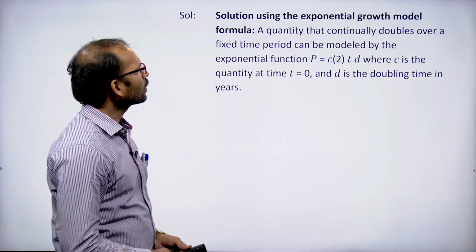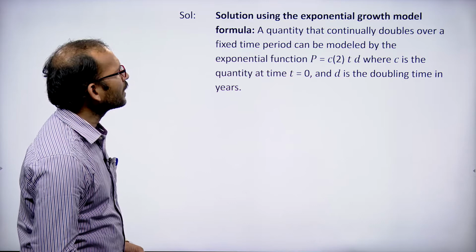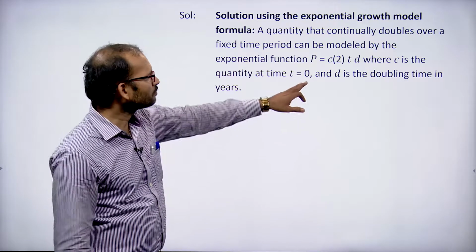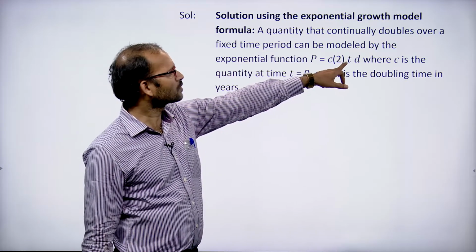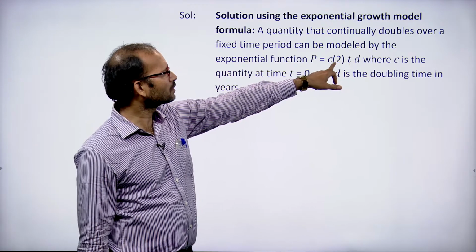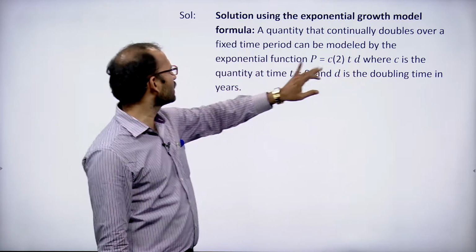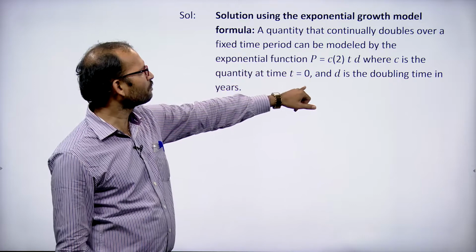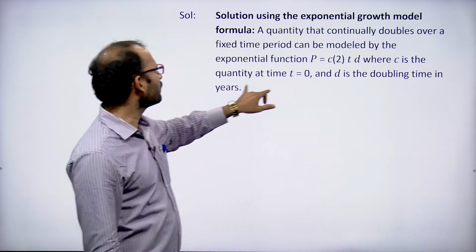Therefore P equal to C into 2 power T by D. Actually here it should be in the power. P equals C into 2 power T by D, where C is the quantity at time t equal to 0 and D is the doubling time in years.